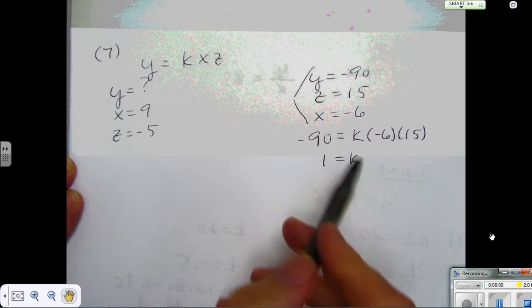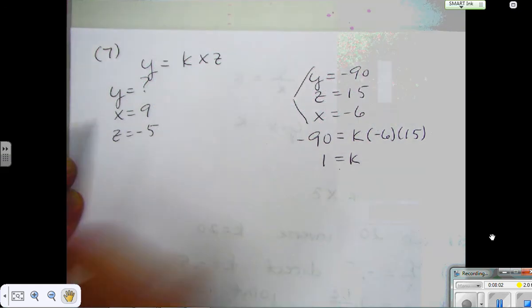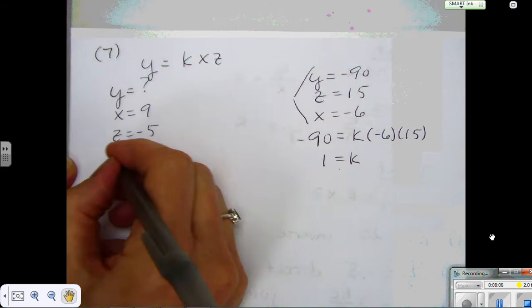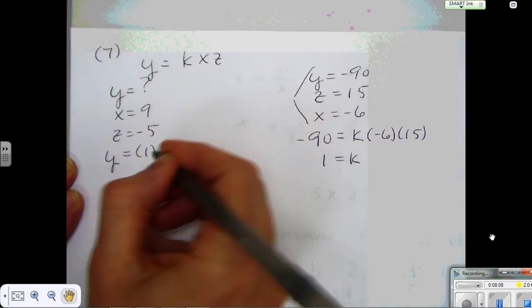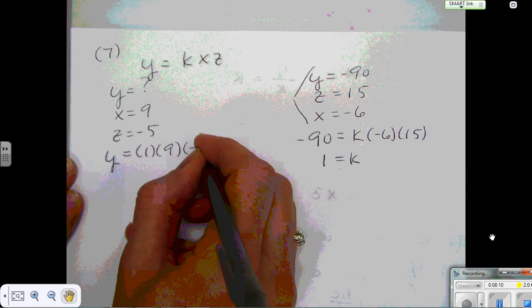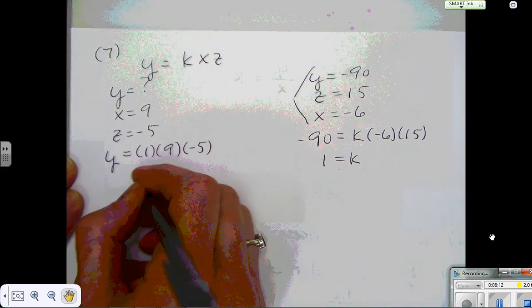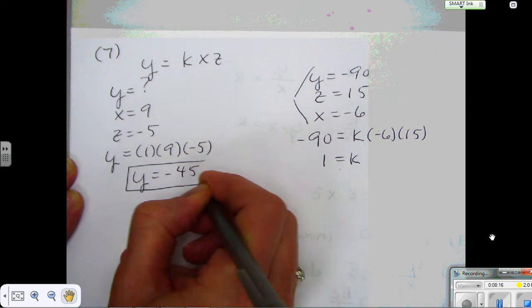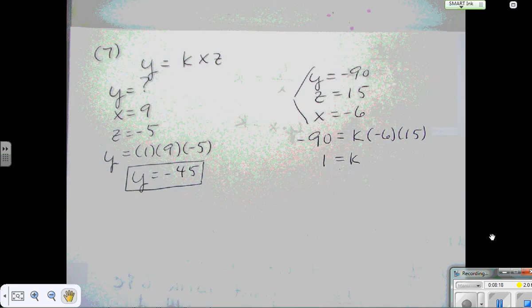So now I'm going to take this value for K and plug it back in and solve for Y. Okay, so Y equals 1 times 9 times negative 5. So Y is going to be negative 45. Any questions? Okay, you guys do number 8, and I'll do that one up here, okay? Let's see what everybody gets.